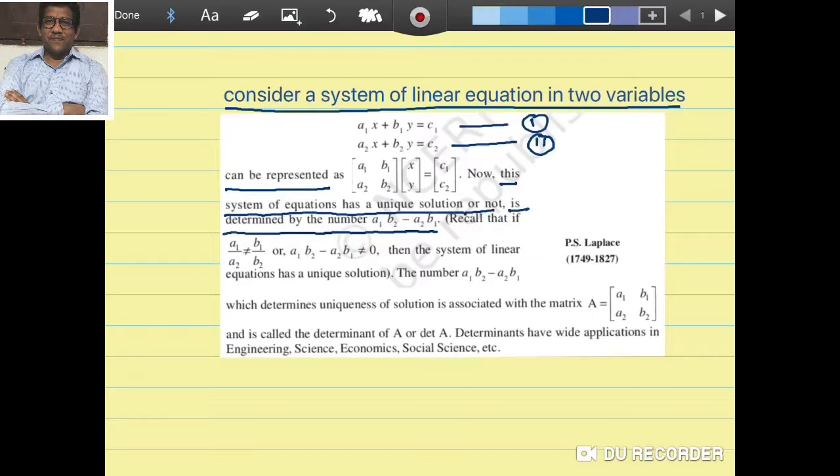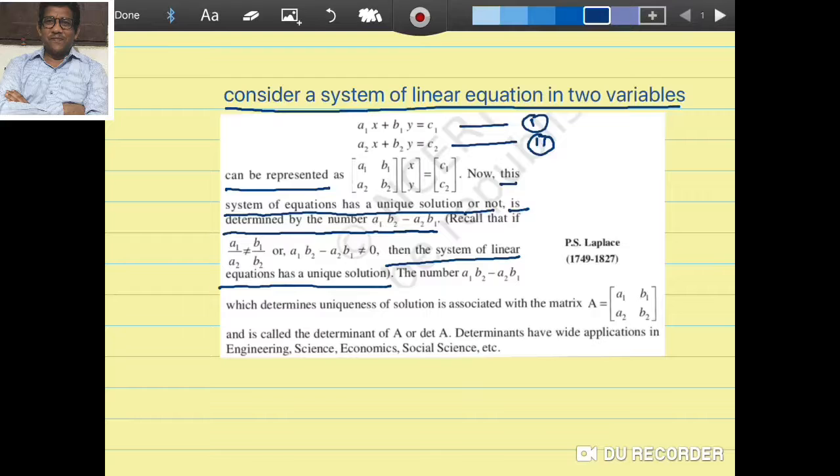In class 10 we learned that if a1 upon a2 is not equal to b1 upon b2, or a1 b2 minus a2 b1 is not equal to 0, then the system of linear equations has a unique solution.